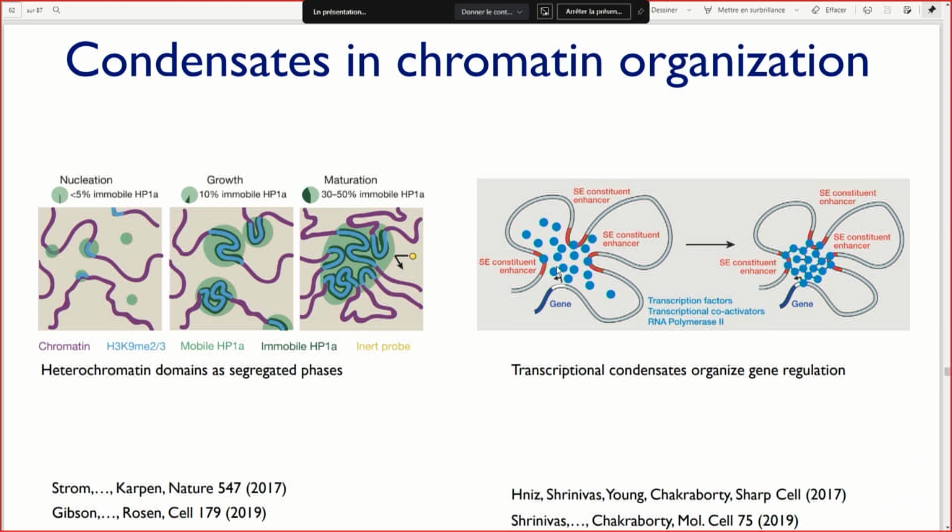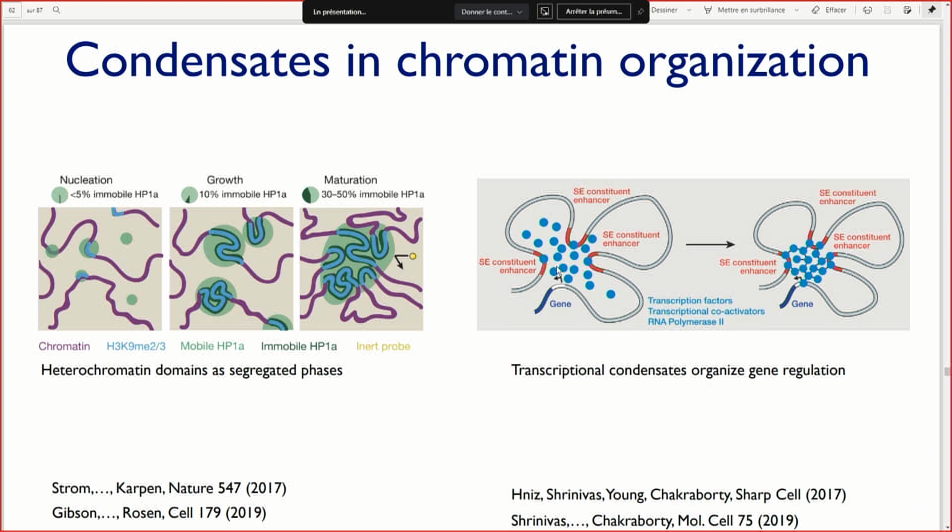I just highlight here two examples. Chromatin comes in different phases, which are called heterochromatin and euchromatin, more silent and more active chromatin. This also involves epigenetic modifications and modification of histones.